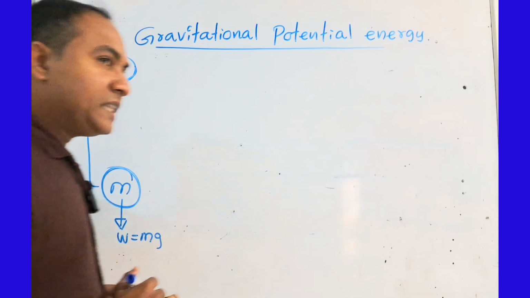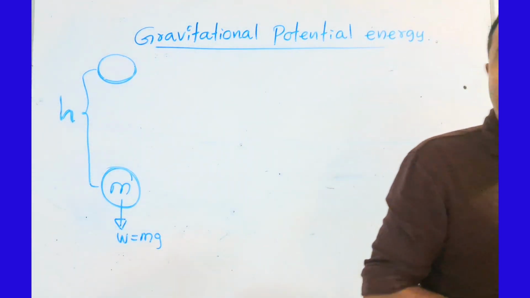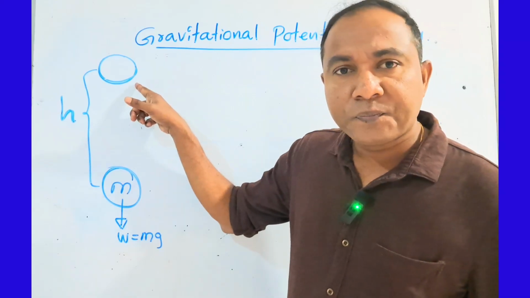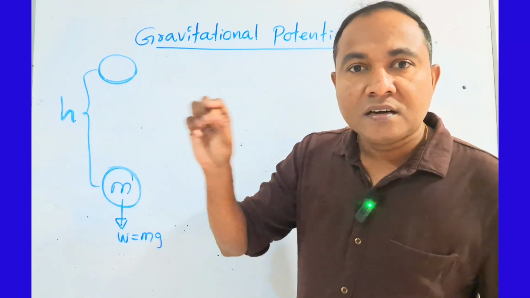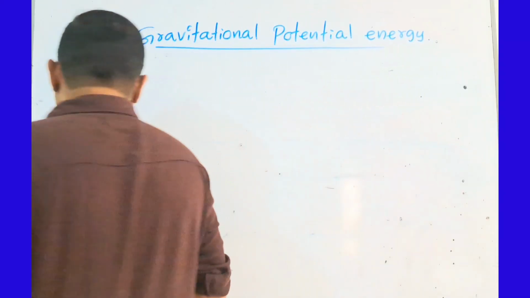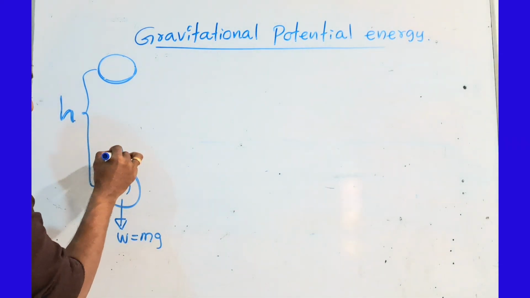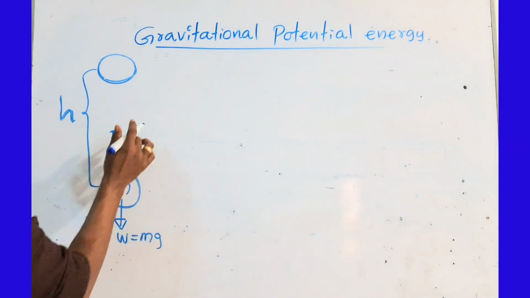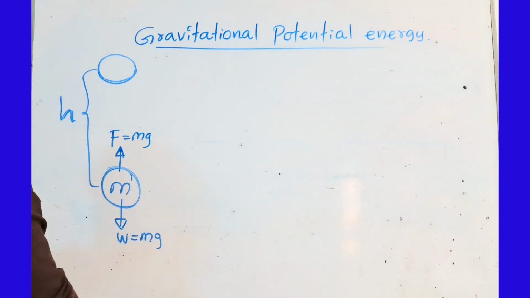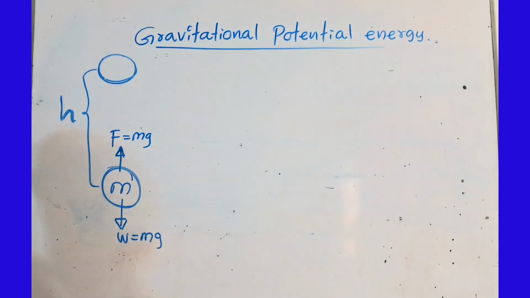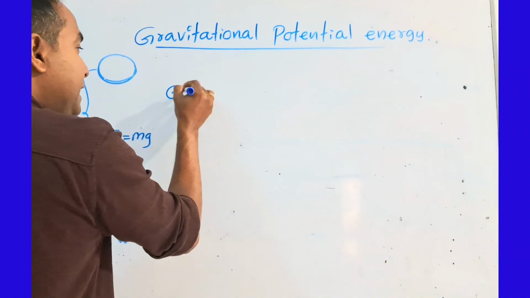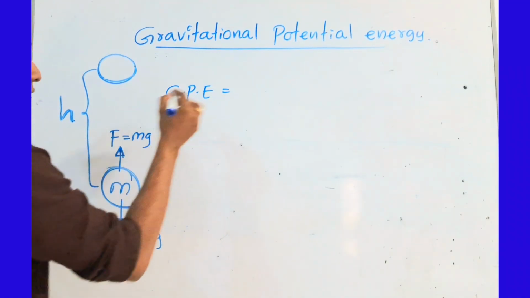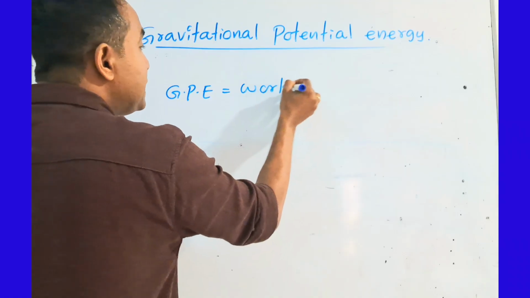Right. So what is the force that should be applied upwards to lift this object? You must remember the force that should be applied upwards should be equal to its weight. Then the gravitational potential energy possessed by this object is equal to the work done.